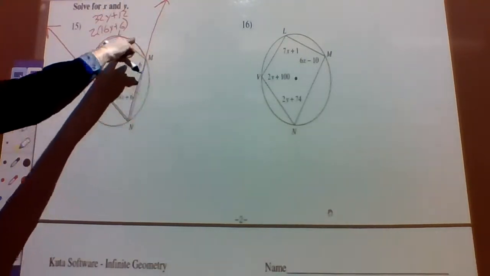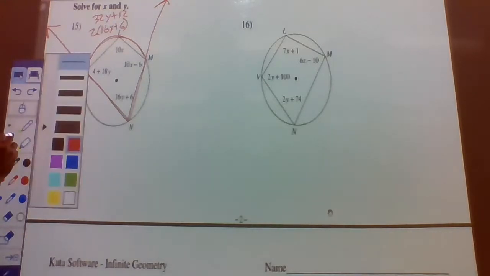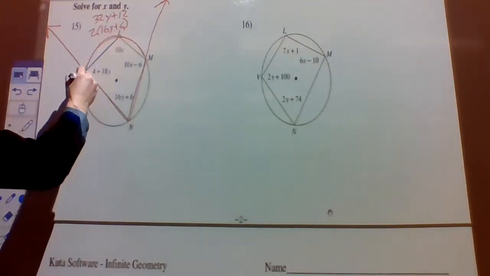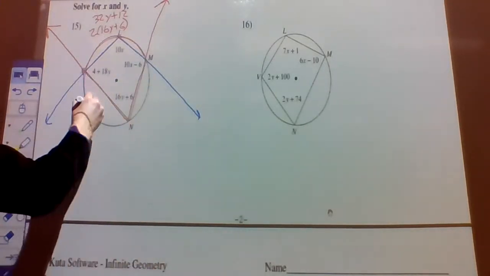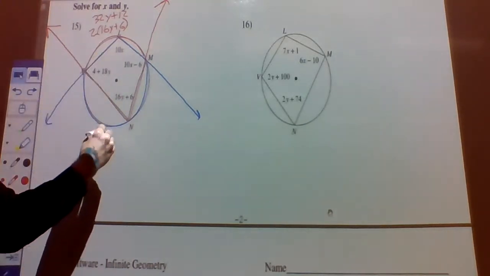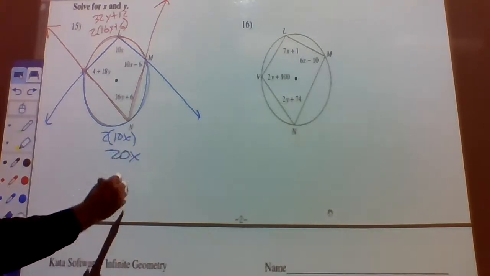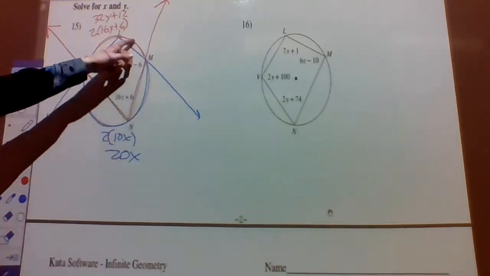And this angle is going to give us this intercepted arc, which is going to be 2 times 10x, which is 20x. And that's a full 360 degrees.